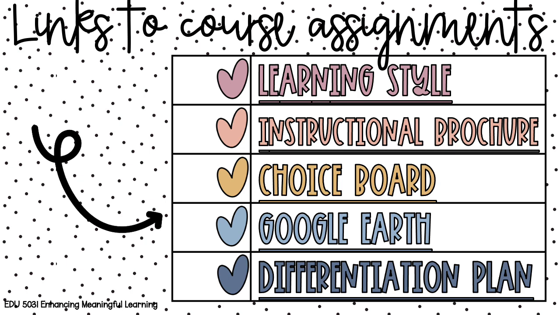What is the content that I am modifying: the content, process, product, or the learning environment? Why is the reason for modifying the lesson: to assess for learning, motivation and engagement, relevance, efficiency, appropriate level of challenge, or an opportunity to express their learning.